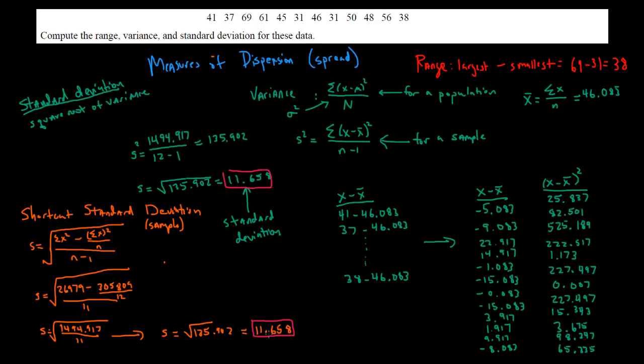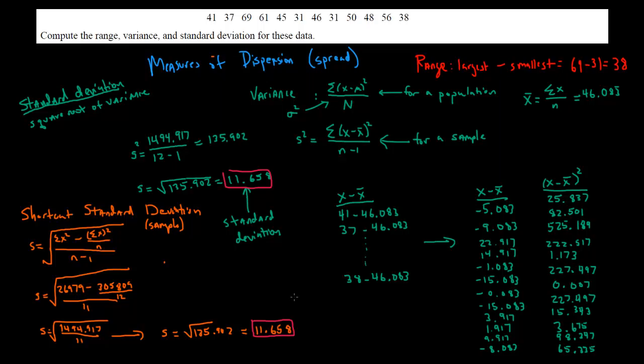So, for instance, what this means is, if you take the mean, which we found was 46.083, and add 3 standard deviations to it, so add 11.658, add 11.658, add 11.658, and then subtract 3 standard deviations, 99.97% of the data values will be within that interval.